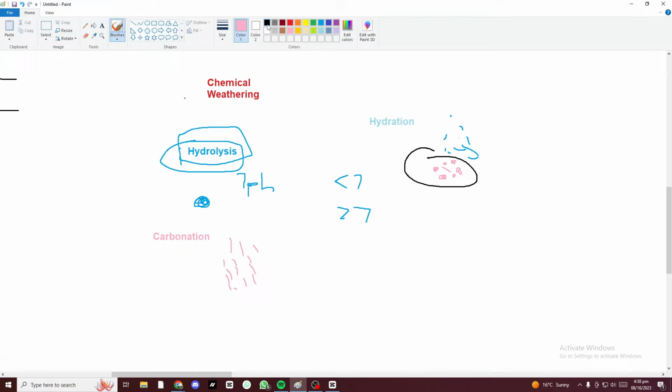It rains onto rocks such as limestone, and then this limestone will dissolve. It will basically dissolve. Acid rain occurs when carbon dioxide dissolves into rainwater. Yeah, that's about it for carbonation.